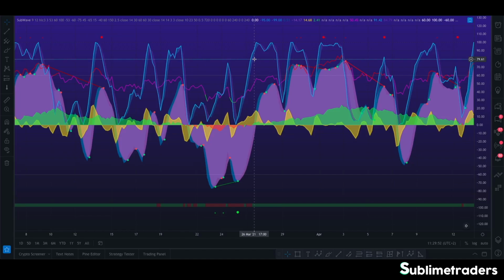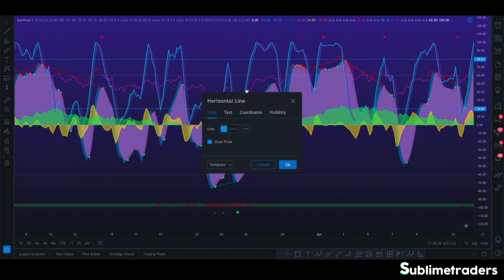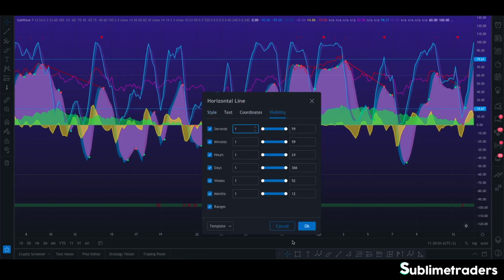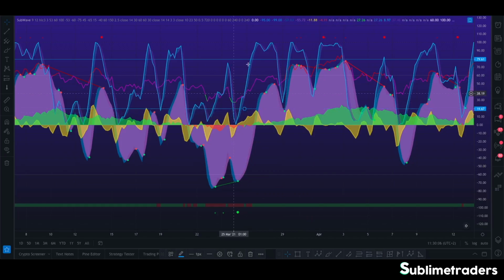For example, if I want to have 80 and let's say 30 or 20, which is a classic, I can have this like this, and then of course you can work on the visibility and create your own range basically. Now, okay, so this is a stochastic.